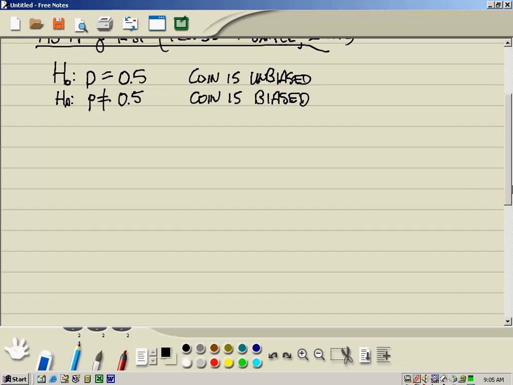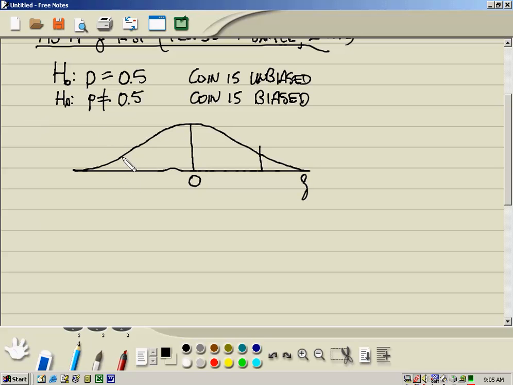As a z-test, the next thing we do is to draw the z-distribution. Okay, it's a two-tailed test.